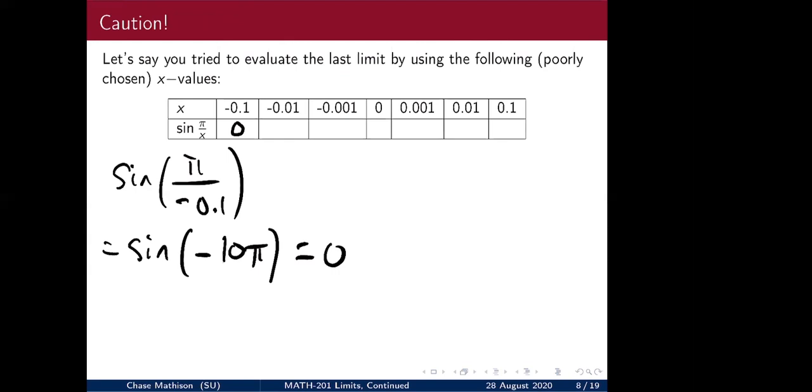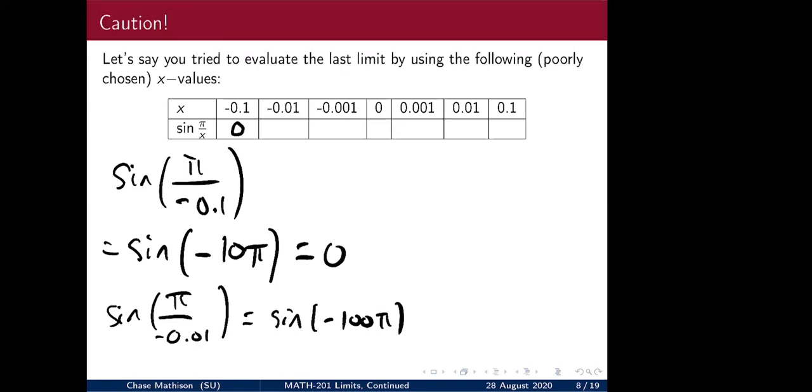All right. So what about sine of pi over negative 0.01, or negative 100? Well, that's just sine of, I'm dividing by 100, so I'm going to get sine of negative 100 pi, right? And what is that value?